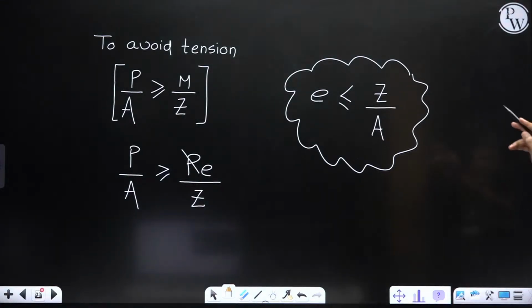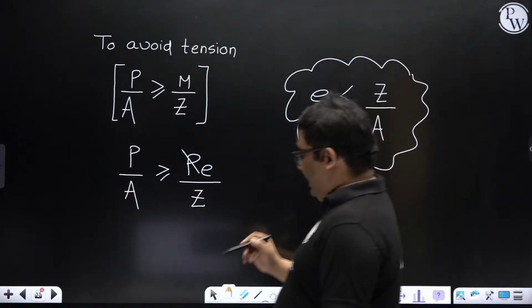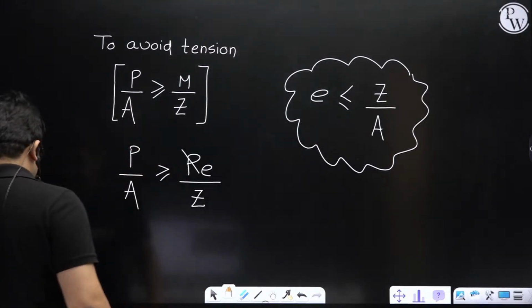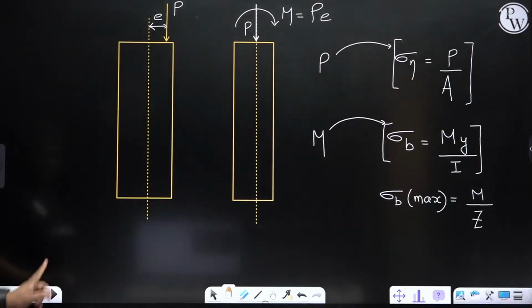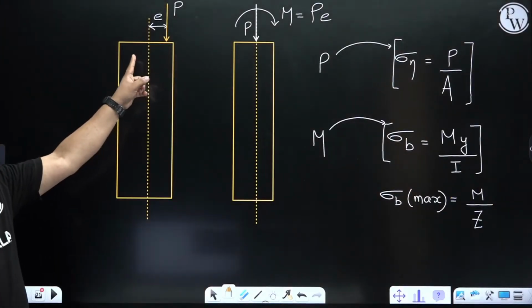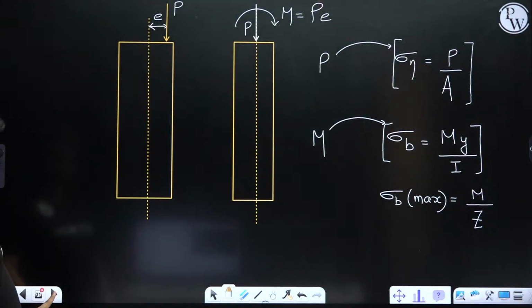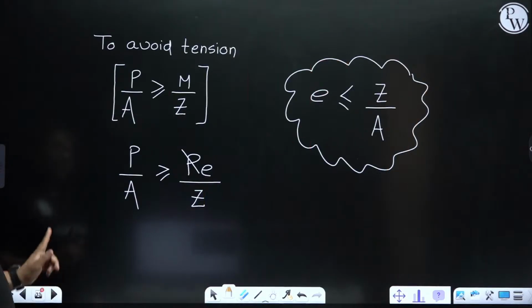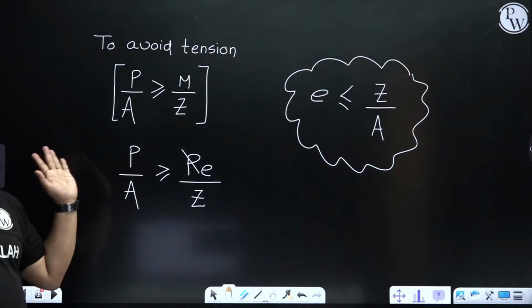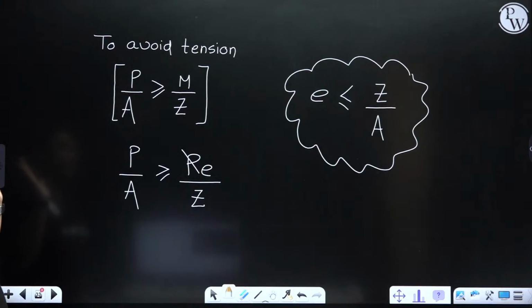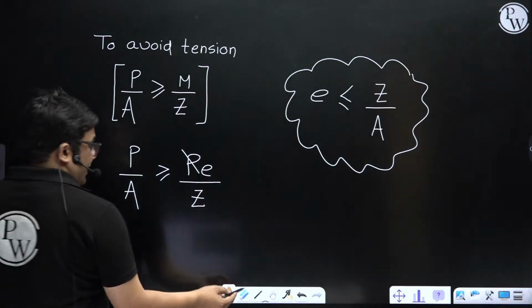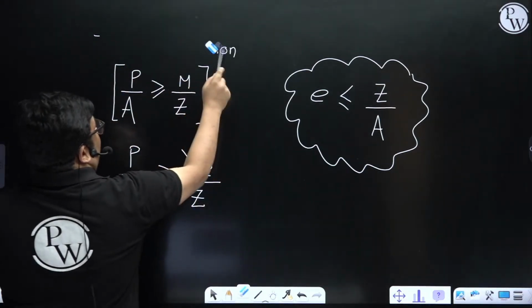But if E is less than Z by A, then I will say that I have avoided tension in the column.